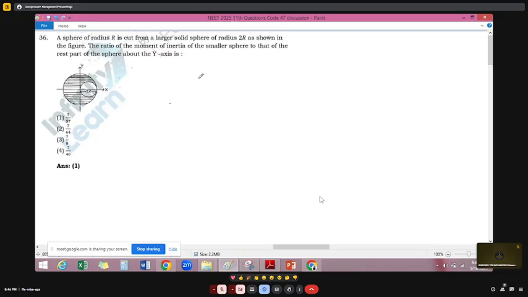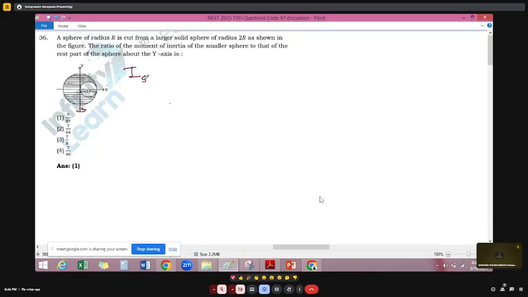Okay. A sphere of radius r is cut from a larger solid sphere of radius 2r, as shown in the figure. The ratio of the moment of inertia of the smaller sphere to that of the rest part of the sphere about the y-axis. So that means they are asking you about this y-axis. What are they asking?